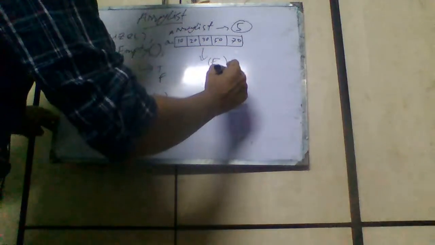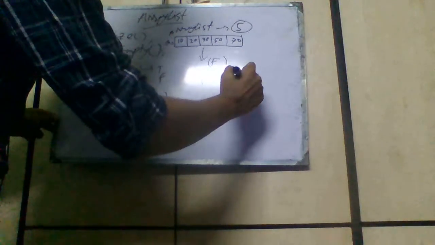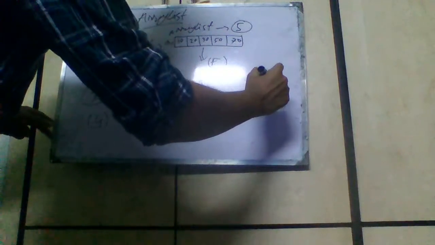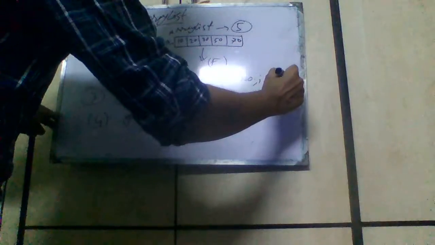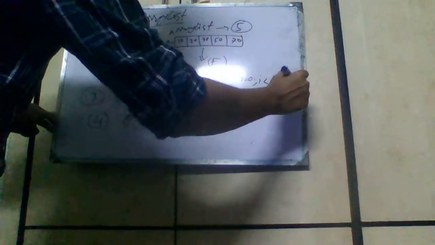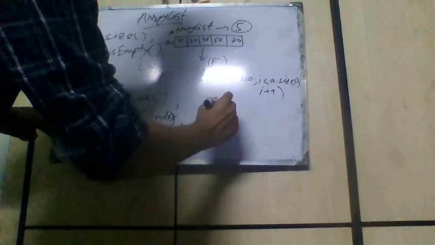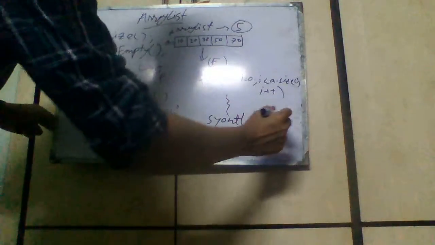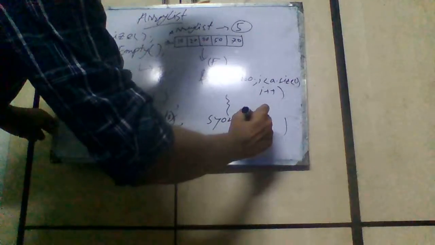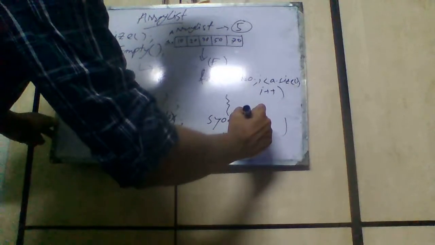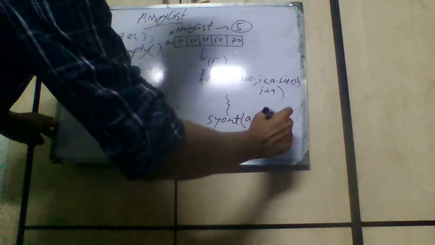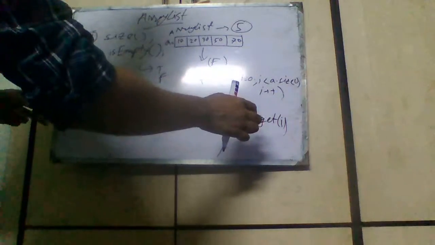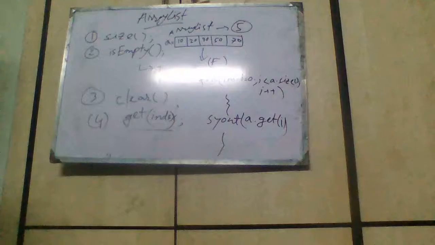Like for int i = 0; i less than a.size(); i++, then System.out.println(a.get(i)).